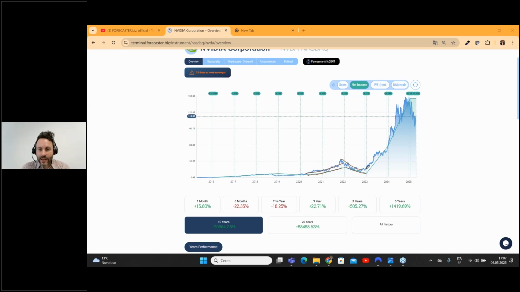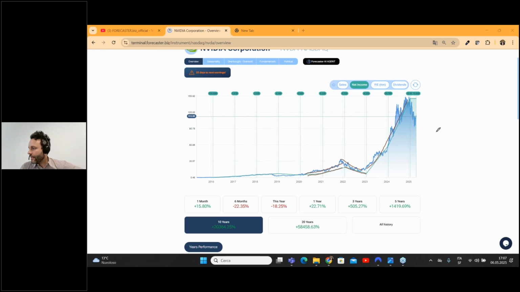And as you can see right now, for example, the Nvidia shares skyrocketed in the last 2 years, not because of something special we don't know, but because the company made a lot of money.